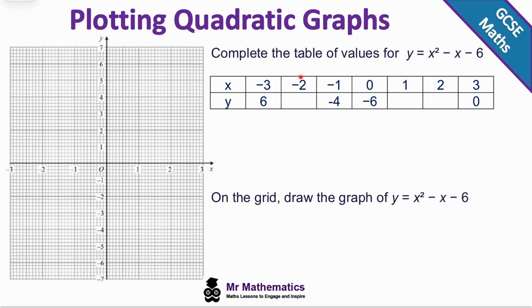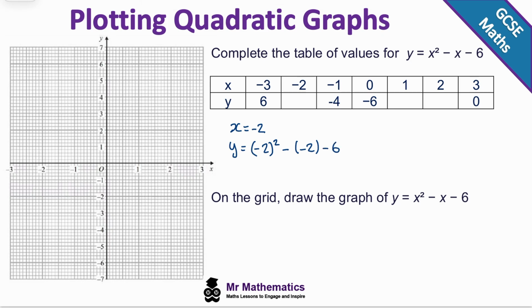So if we begin when x equals -2, we'll substitute that -2 into each of these. So y will be the -2 squared. It's a good idea to use the brackets so we get our notation correct, minus the -2 minus the 6.